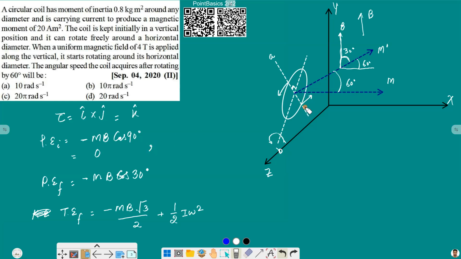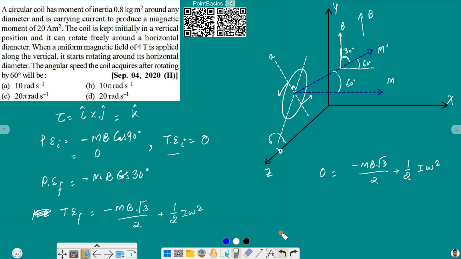And initially the coil was at the equilibrium position, so kinetic energy was 0. So total initial energy was potential energy, that was 0, plus kinetic energy, that was 0. So total initial energy was also 0. Now total initial energy should be equal to the total final energy, and equating both of these, we will get 0 is equal to minus mb root 3 by 2 plus half I omega square.